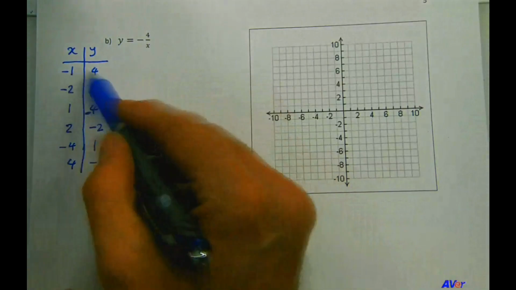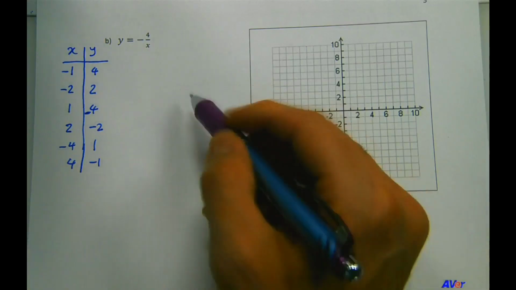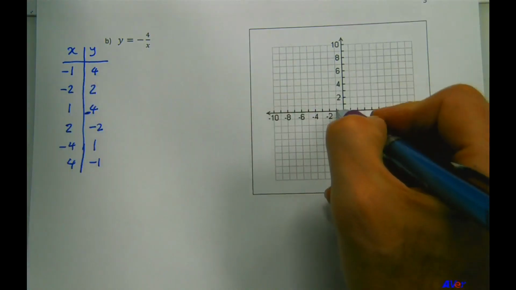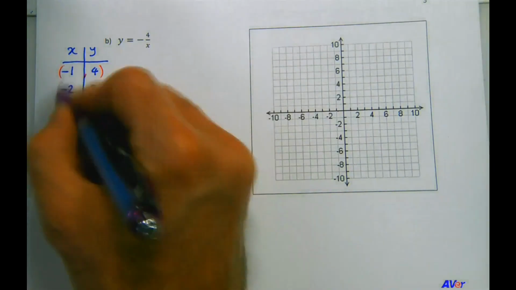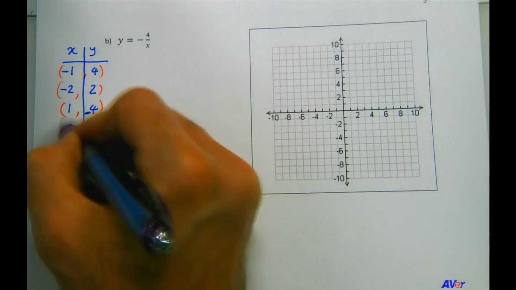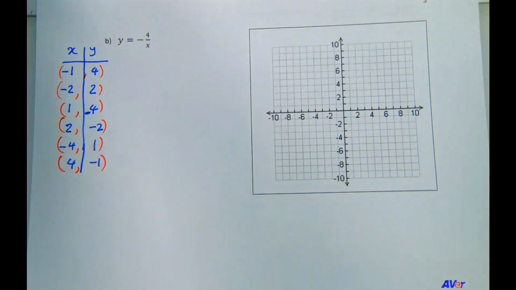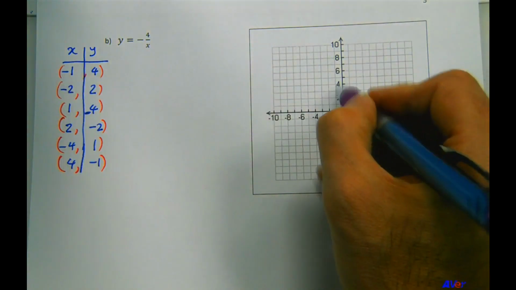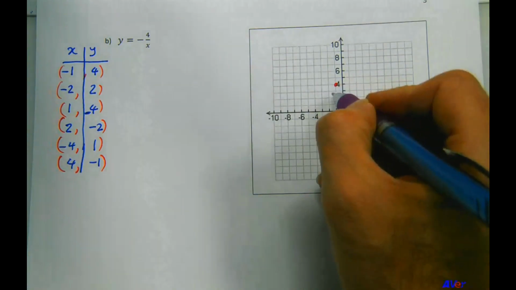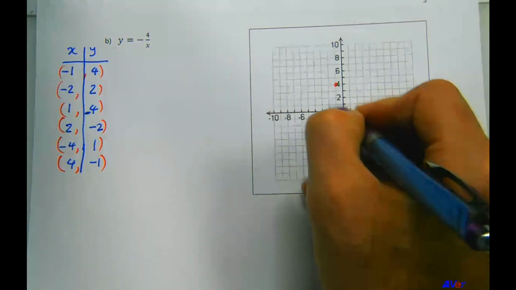Okay, -1, 4. Well, let's use my red pen here. -1, 4. That's that point. All of these are points we're going to graph like that. Okay. So -1, 4. That's 1 point. -2, 2. That would be that point.